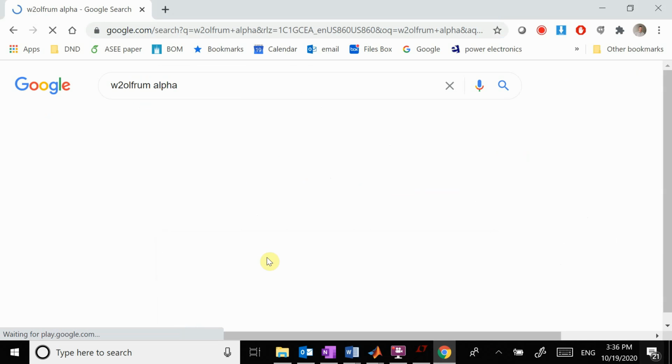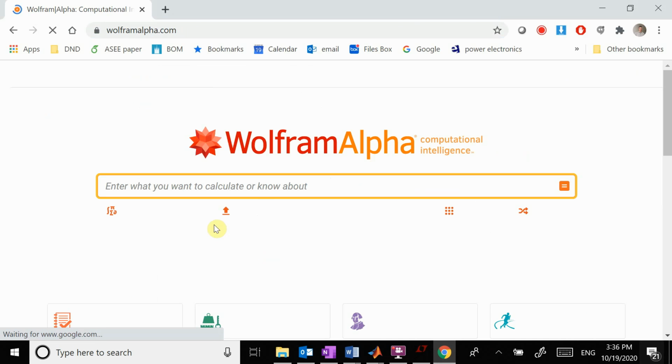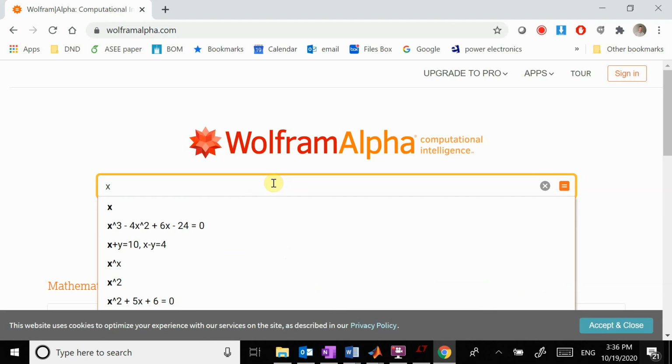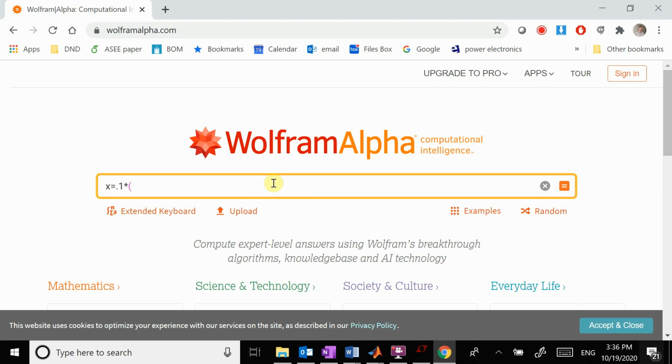And I don't even have to come close to spelling it right. Thank goodness. Okay, so then we're going to go x equals 0.1 times, and then we had 0.5. Well, let's just plug all this in so we can see.